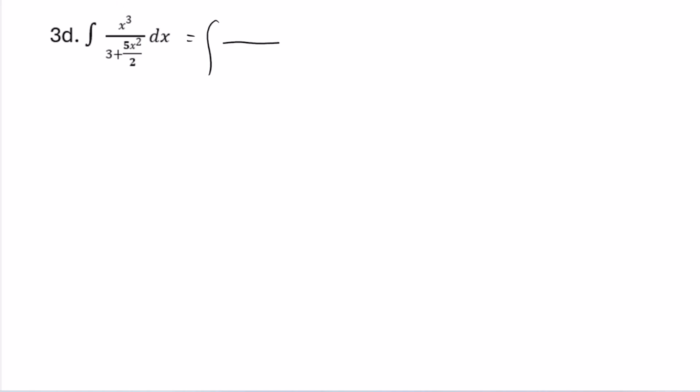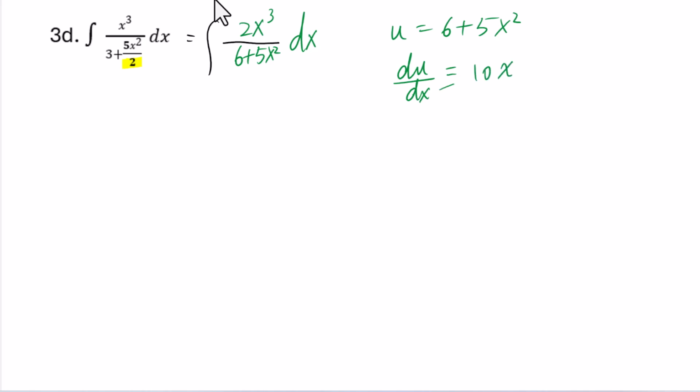Let's go to 3d. First step, get rid of these 2. Let u equals 6 plus 5x squared. Then du/dx equals 10x. Switch these two: du over 10x equals dx.